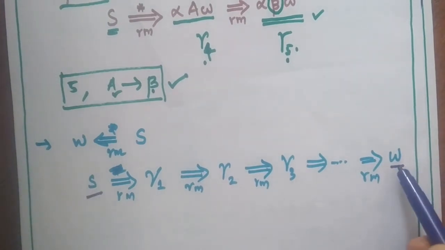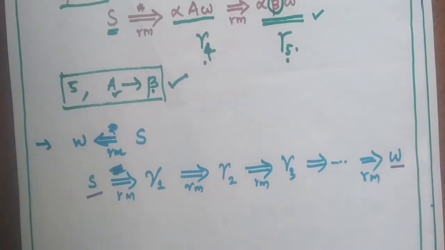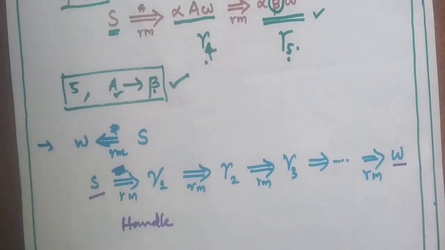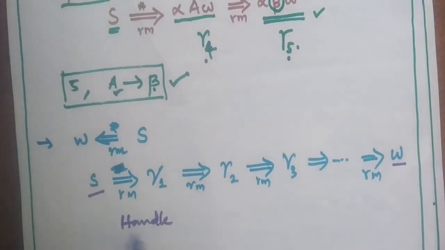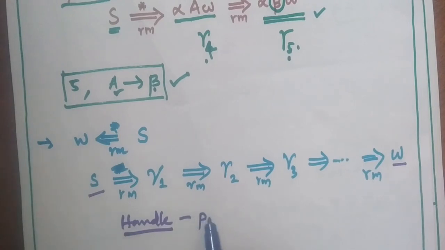So to find the just previous right sentential form, we need to identify the handle, and this handle we replace using the head of the production, in order to obtain the next just previous right sentential form of the rightmost derivation of the given string. So identifying a handle and replacing that handle is called handle pruning.